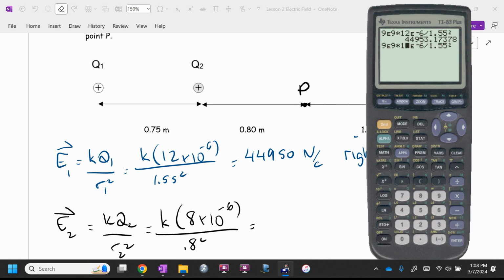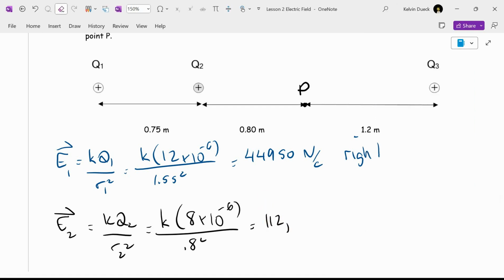Instead of a 12, you know what I can do? 0.8. That one I don't have to delete the 2. And then 0.80. That'll work. I get 112,500 for the second one. Direction. Which way would a positive at point P want to move because of Q2? Attracted left or repelled right? Also right.